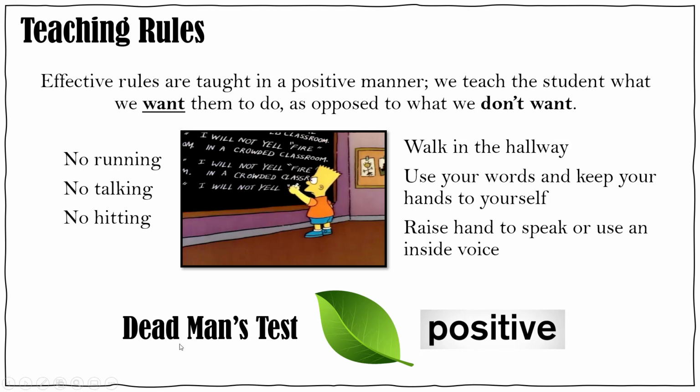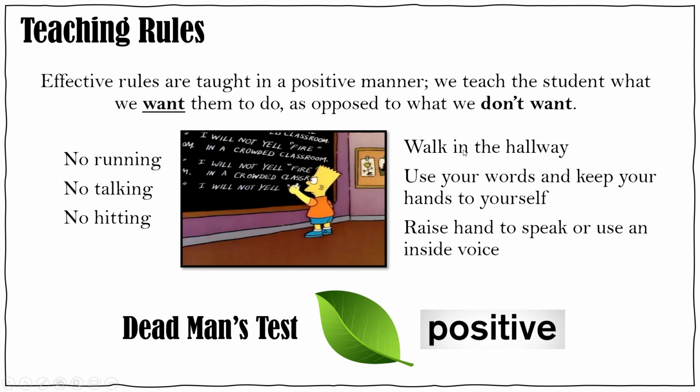Remember when we talked about behaviors, we talked about the dead man's test or the leaf test. You can use this as well when you think of the behaviors that you're talking to kids about. If you say no running, well, a dead man can follow that. No running, a dead man cannot run. So that's not considered a behavior.